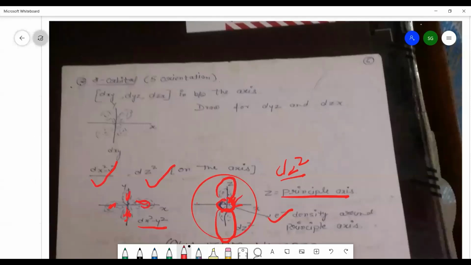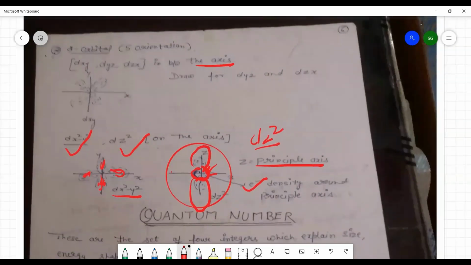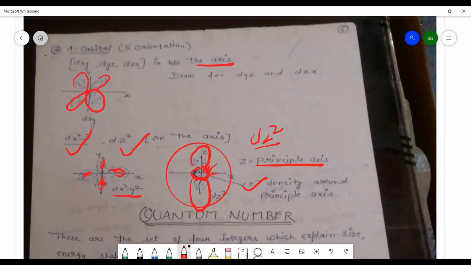Now the other set is dxy, dyz and dzx, in between the axes. Means the electron movement is in between the axes. If it is x and y, the orbital will be aligned in between the x and y axes.